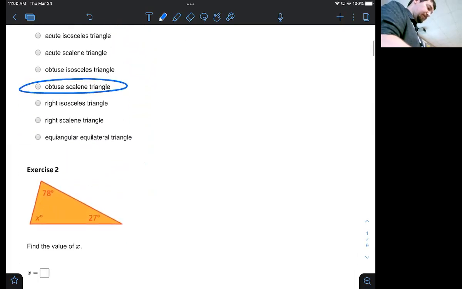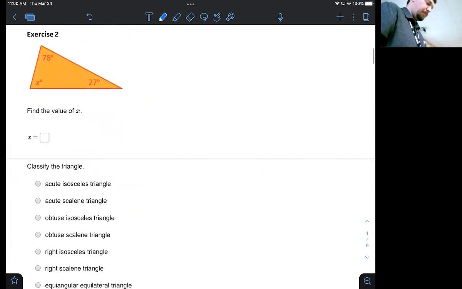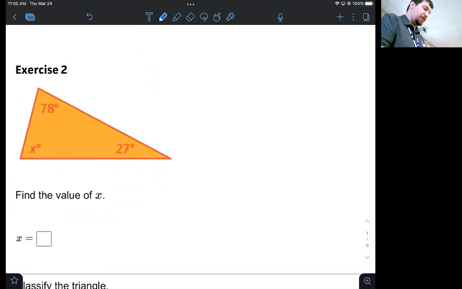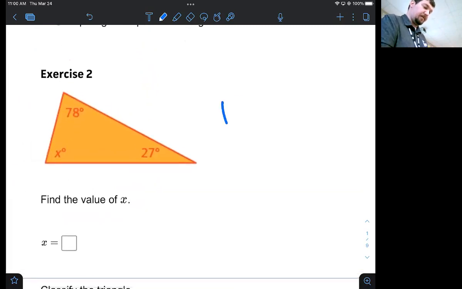Moving on to number two. Finding the value of X, I'm going to do the same thing. 180 degrees. That's how many degrees are in every triangle, minus the total degrees that I currently know that are in that triangle. What will I get for 78 and 27? 105.